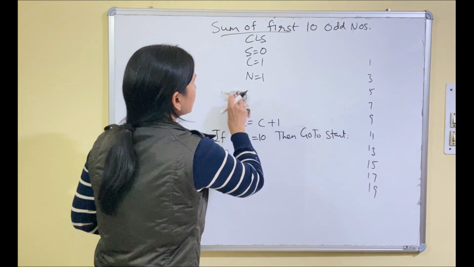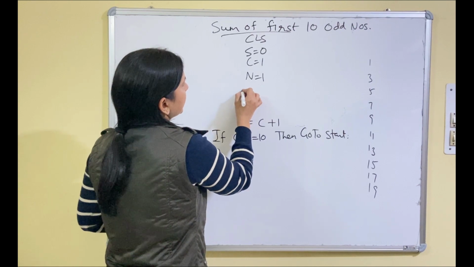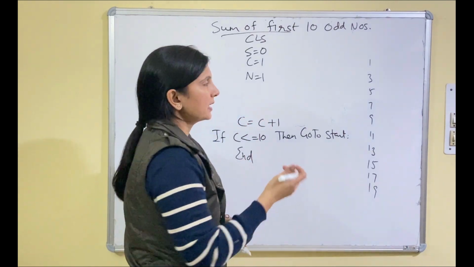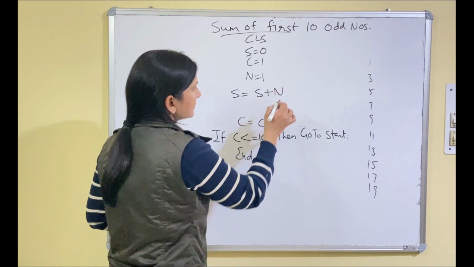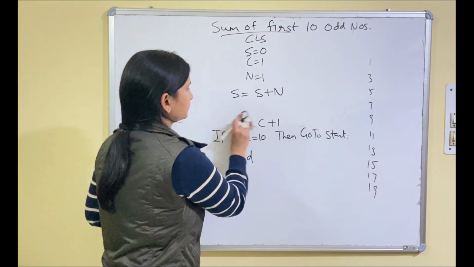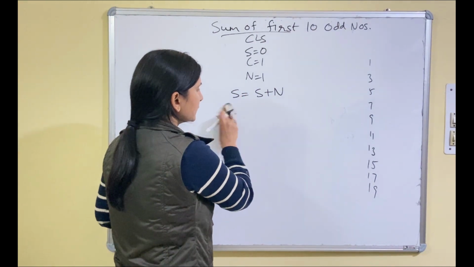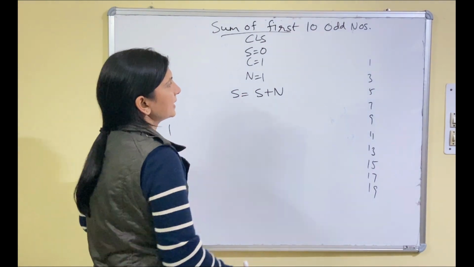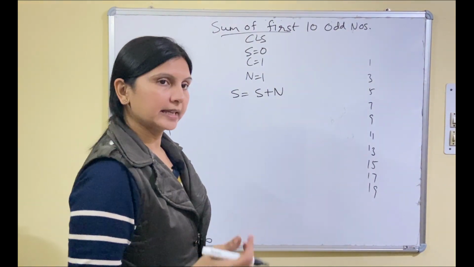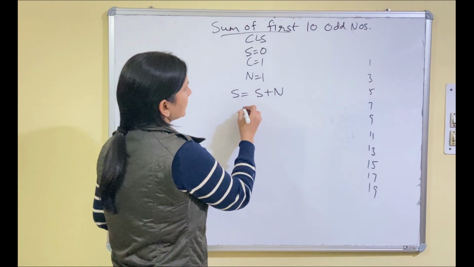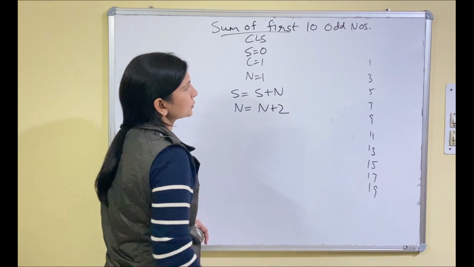We will calculate sum. So instead of print n, I will write s equals to s plus n. Because here we are not displaying n. First we will calculate the sum and then we will display s. So s equals to s plus n. Now n equals to n plus 2.